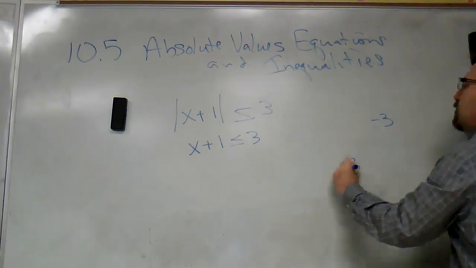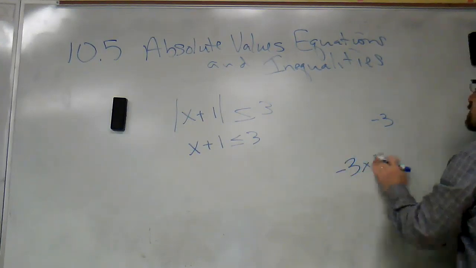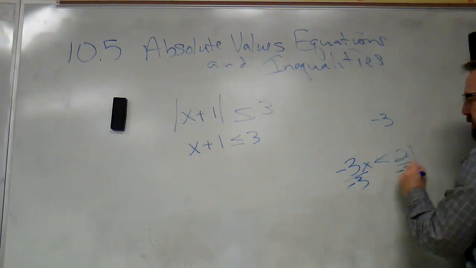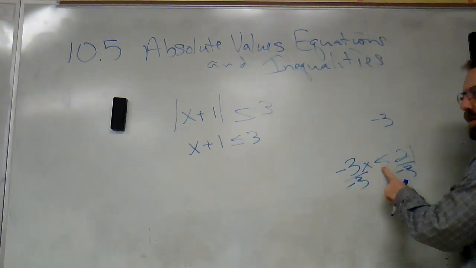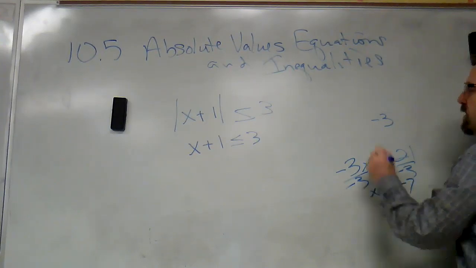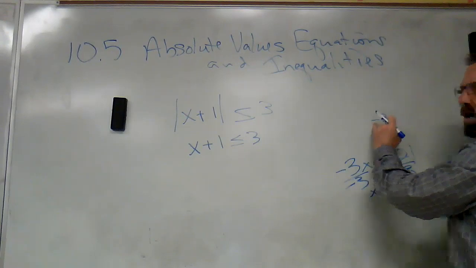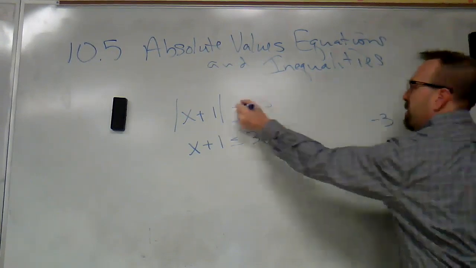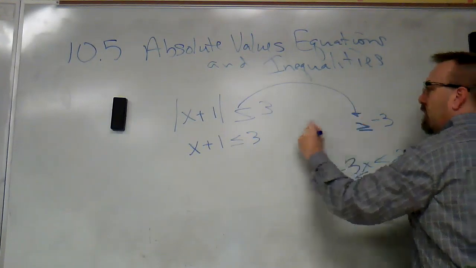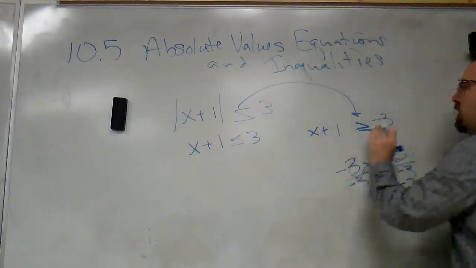Going back to when we were at this point, if we divided by -3, what happened here? You have to flip that. So same thing, we changed the sign to a negative. This has to then flip. That's the one difference between these and an equation.